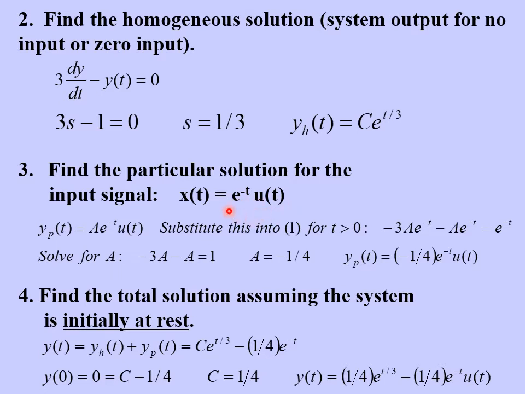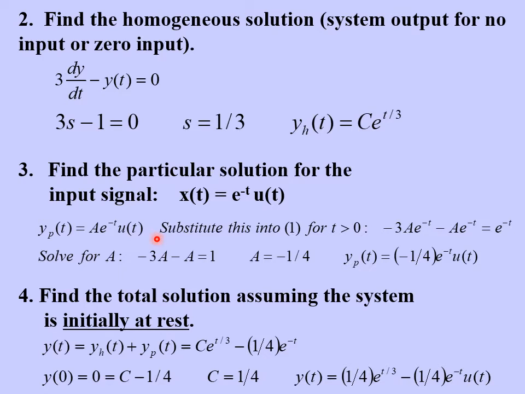And so I need to look on that chart and find the form of the particular solution. So this is obviously an exponential function, and it turns out that the particular solution will have the same form. So it'll have some constant a times e to the minus t, because that's what we see here. And also I'm going to put this step function on it because I have that here, meaning this signal only exists for t greater than 0.